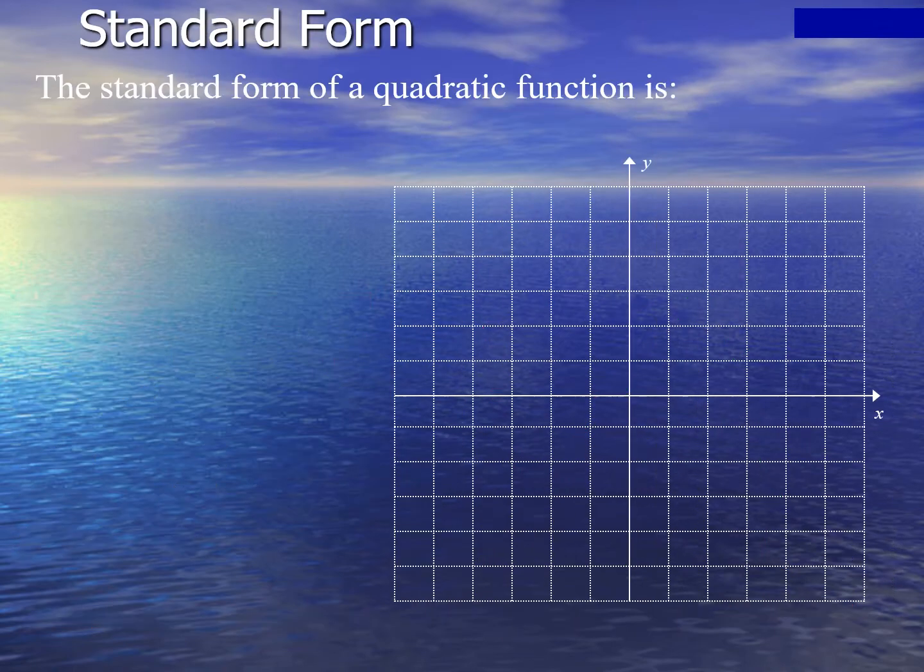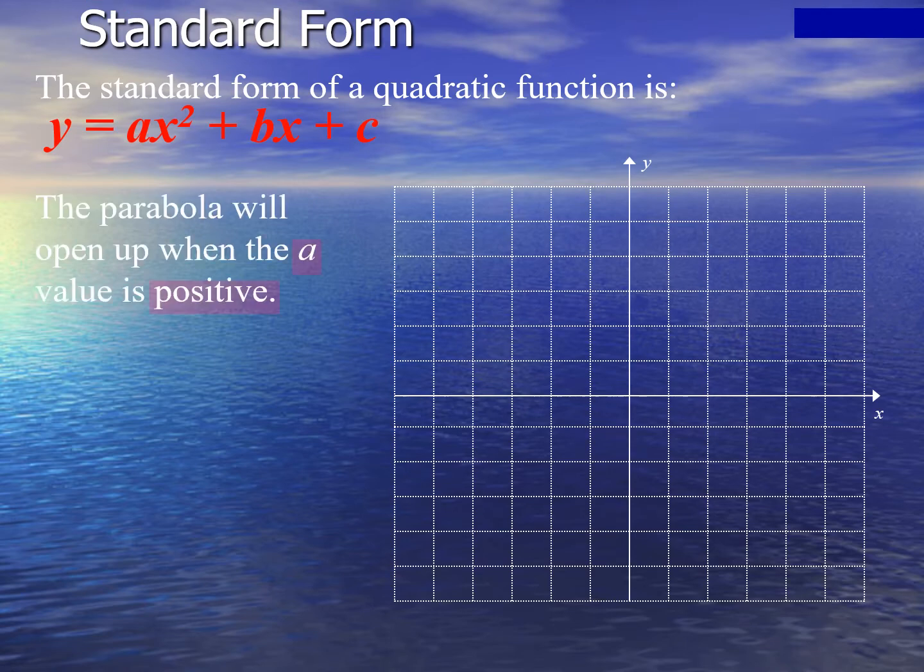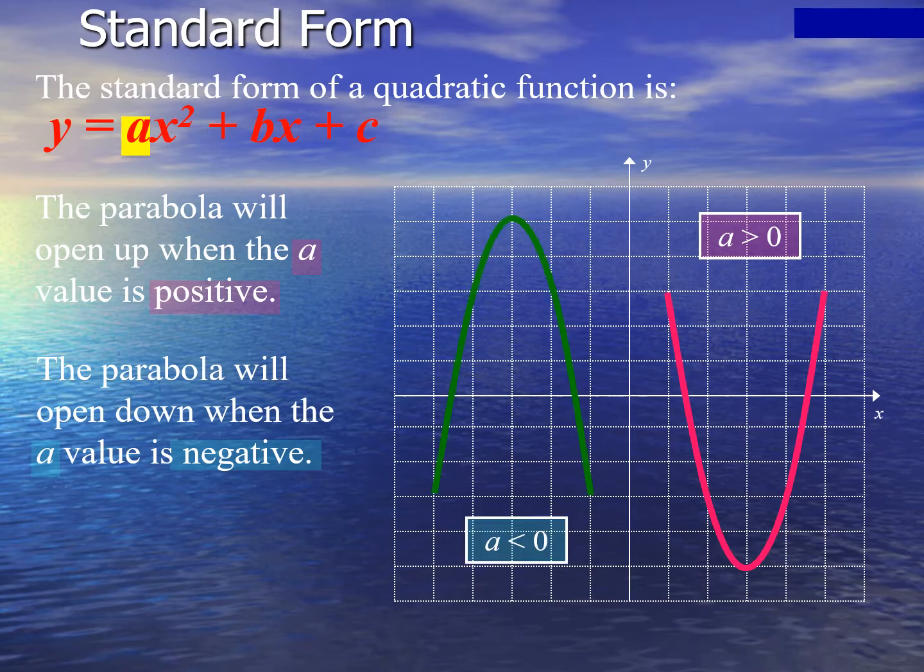The standard form of a quadratic function is y equals ax squared plus bx plus c. The parabola will open up when a value is positive. So when a is greater than 0, the parabola will open up. The parabola will open down when a value is negative.